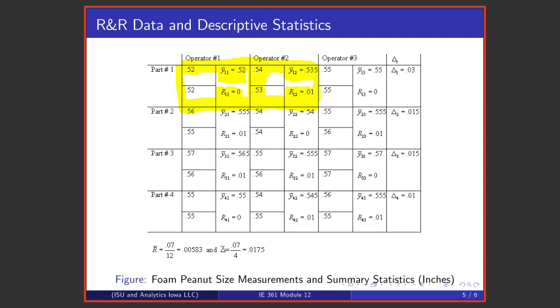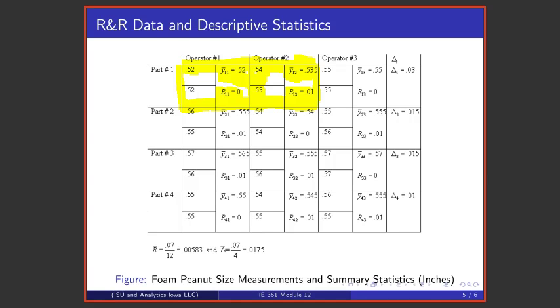But one has to be a little bit careful because the Y bars will differ not only because there's consistent differences between the operators, but also because of random variation within the cell that's coming from repeatability. So I'm saying that the difference here and there is potentially traceable to not only reproducibility variation but repeatability variation, and one has to be a little bit careful about how one thinks about that.